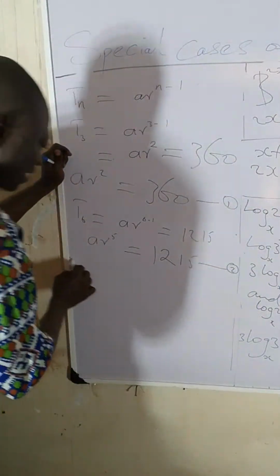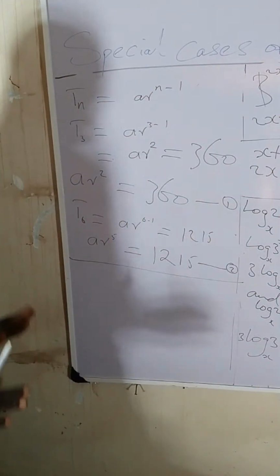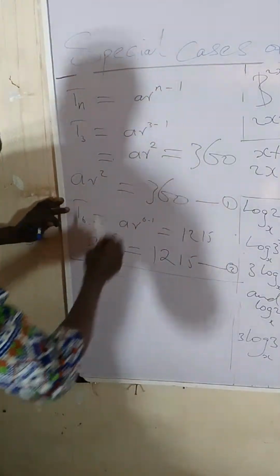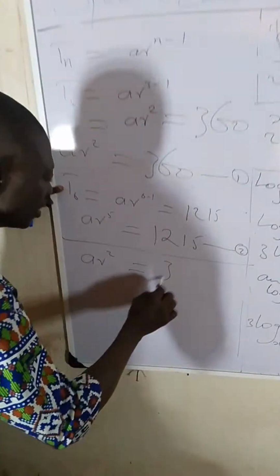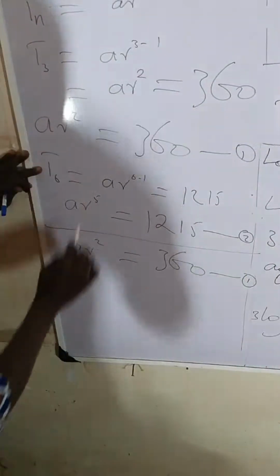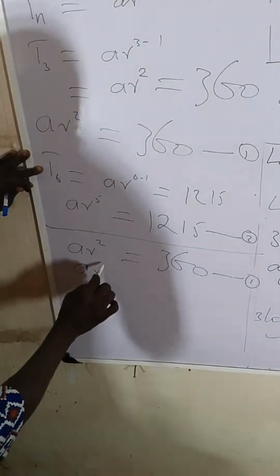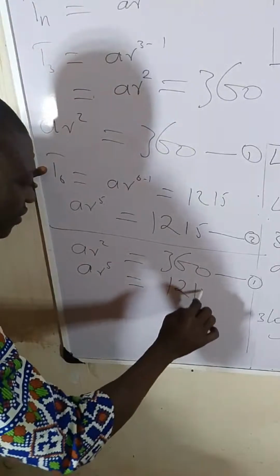So what have we observed? Let us write our equation 1 and equation 2 and state clearly our observation. What we have there is ar^2 is equal to 360 as equation 1. Equation 2, ar^5 is equal to 1215.